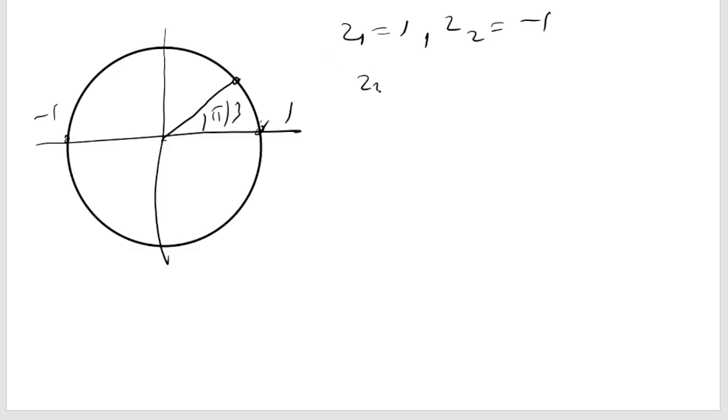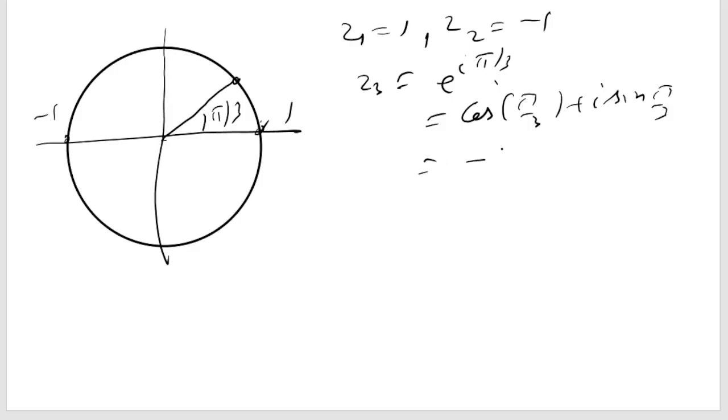The next root is e to the power i 2 pi by 6, that is e to the power i pi by 3. So it will turn out to be cos pi by 3 plus i sin pi by 3, that is 1 by 2 plus root 3 by 2 i. This is the second root.